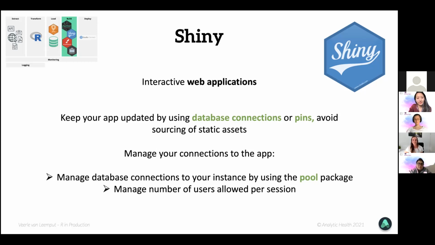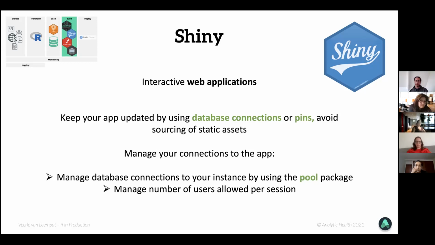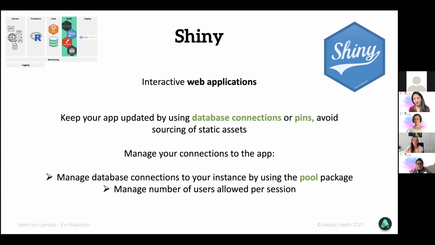Also good to know is that if you're putting a Shiny app into production, you need to think about what you are going to do with your connections. Because multiple people at the same time want to have access to your app and do stuff there. In our case, for example, we have customers from different companies who access our apps. They will not see the exact same app, because each company has their own products of interest. Each company has their own favorites, so to say. So we need to make sure that whatever somebody is doing in the app doesn't affect another user.